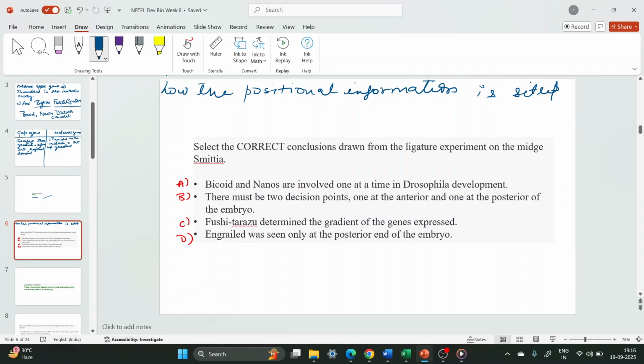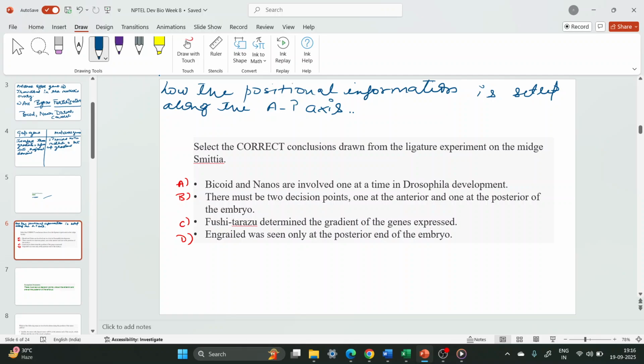The major finding of this Smithia experiment was that ligaturing the embryo showed that both the anterior and posterior ends contribute independent organizing signals.